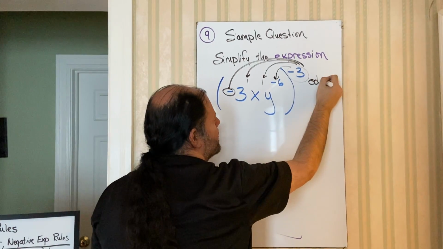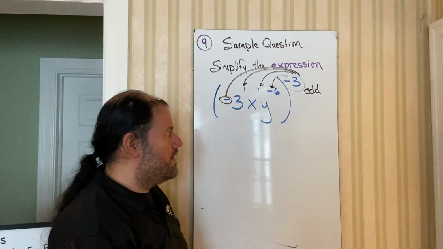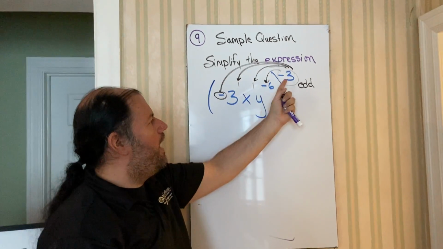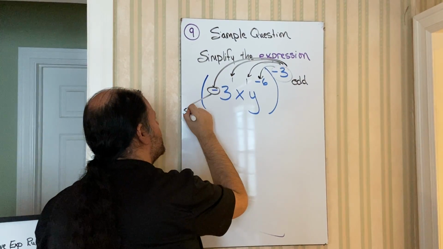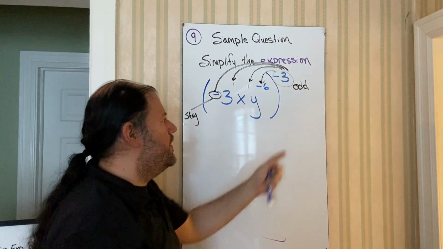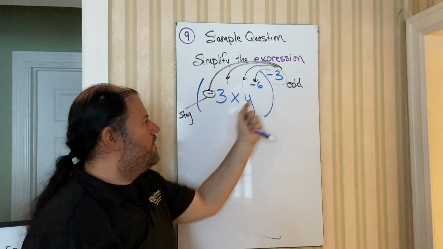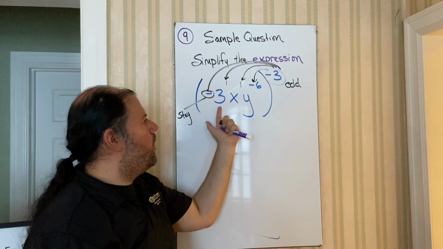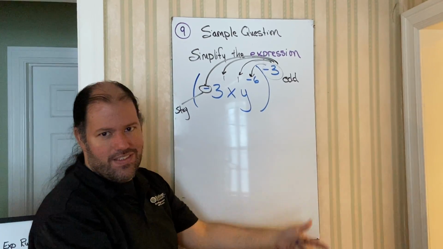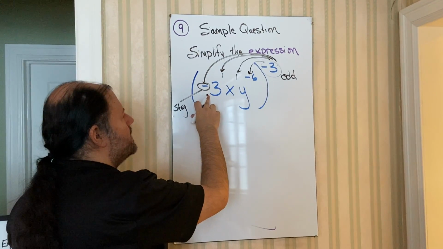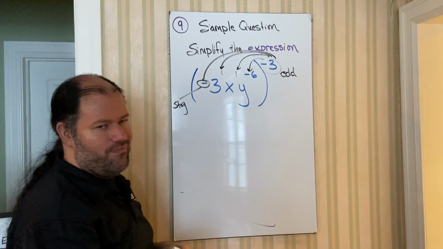Remember, odd numbers can be -1, -3, -5, -7. Because this is an odd number, that means this negative will stay. If this was an even, like a 4 or a 2, this would go. Because basically you'd be squaring this whole number, or to the 4th, whatever, like -5 times -5 disappears. But because this is -3 times -3 times -3, this is going to stay.